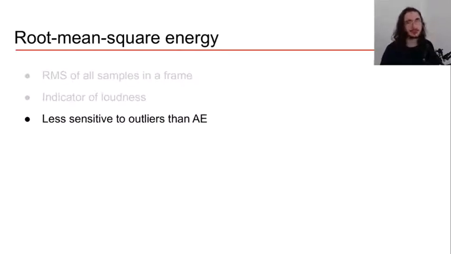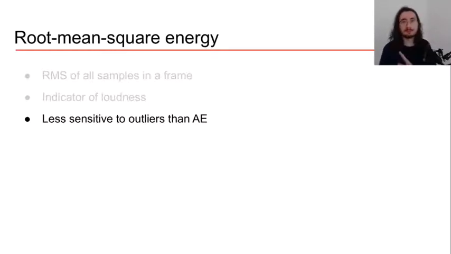And this is because we're not just sampling a single sample value for a frame, but rather we're getting information from all the samples, and then we take the root mean square that's calculated across all the samples. And so in this way, we are less sensitive to outliers like spikes in amplitude in one sample in all of the frames.